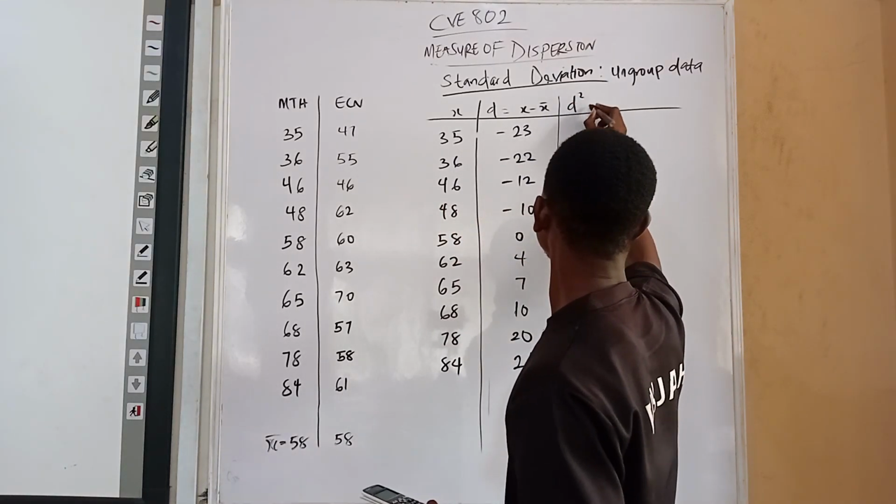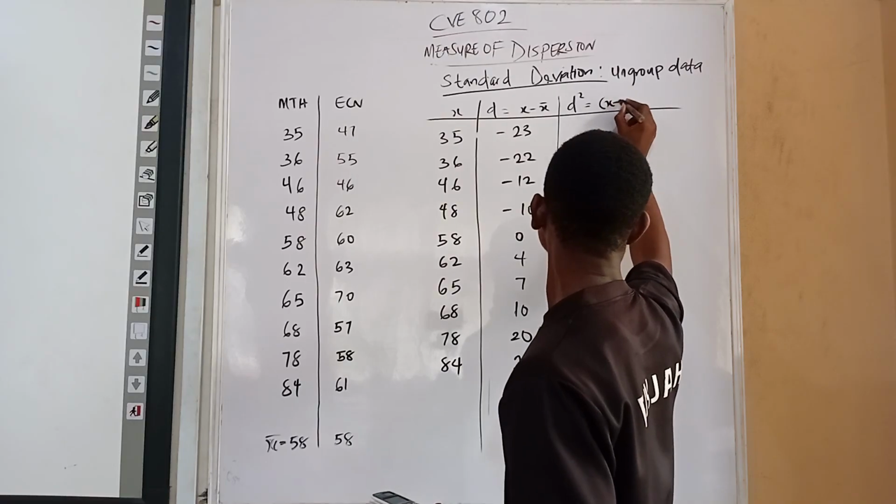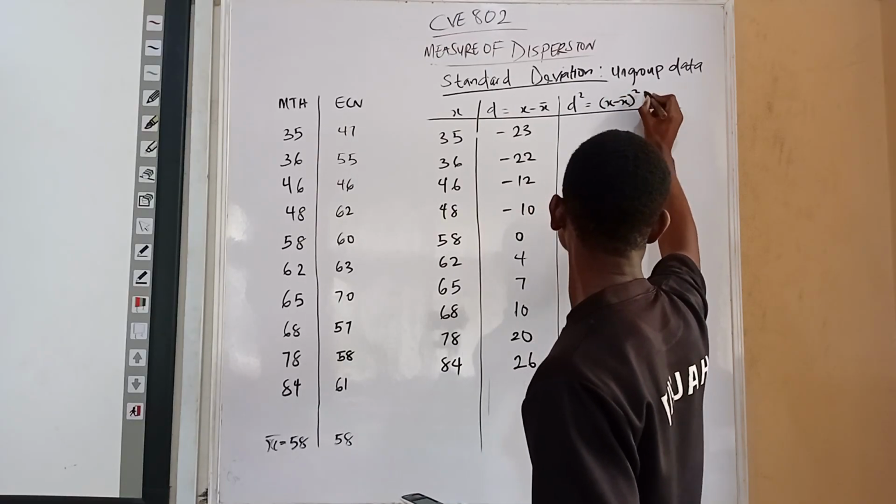The next column is d squared, which is equal to (x minus x bar) squared.